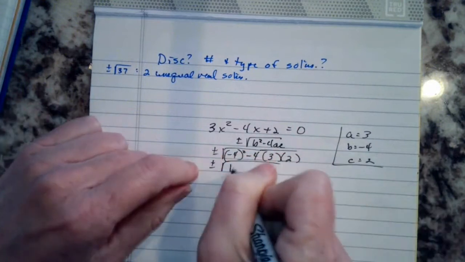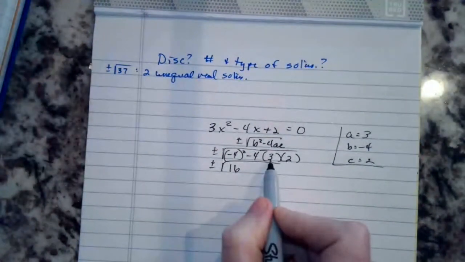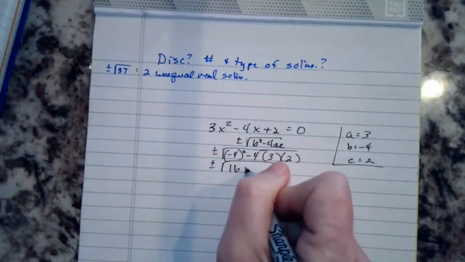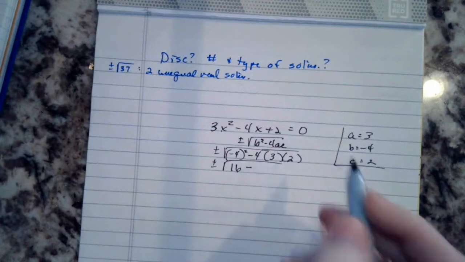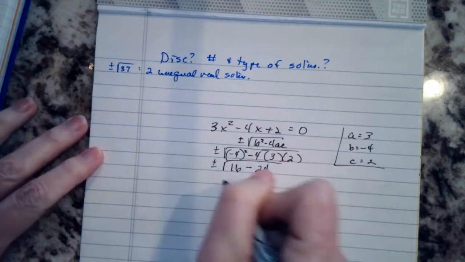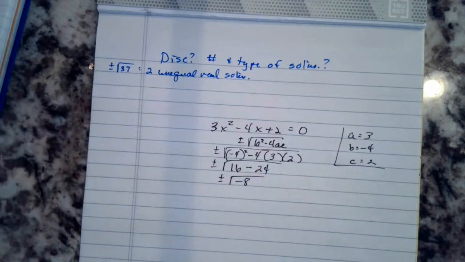Negative 4 times negative 4 is 16. This is a negative times a positive times a positive, so I'm going to have a negative there. 4 times 3 is 12, and 12 times 2 is 24. 16 minus 24 is negative 8.